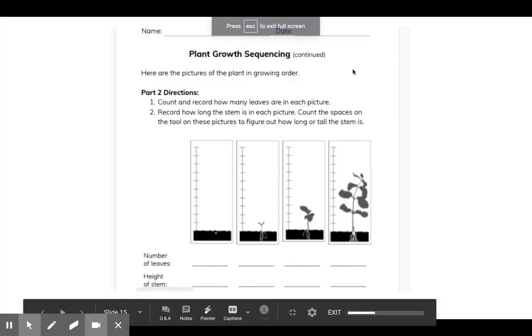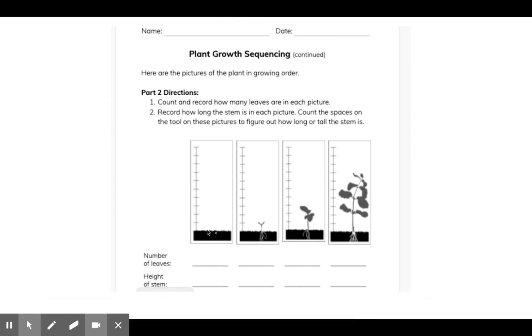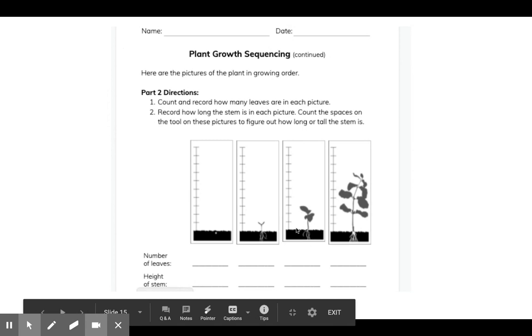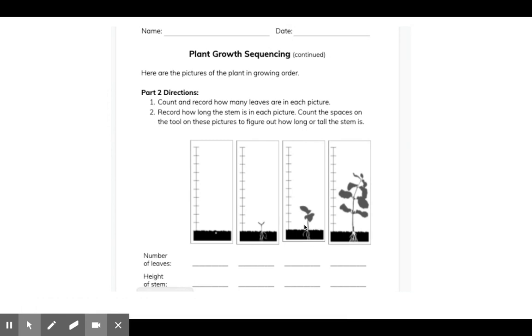Okay, you said that the first picture that shows the plant growing is the picture of the seed. Then I'm pretty sure you put a 2 next to the picture that shows the plant sprouting with its roots and its little leaves. Then you put the taller plant picture as step 3, and the tallest plant picture is the 4th picture.